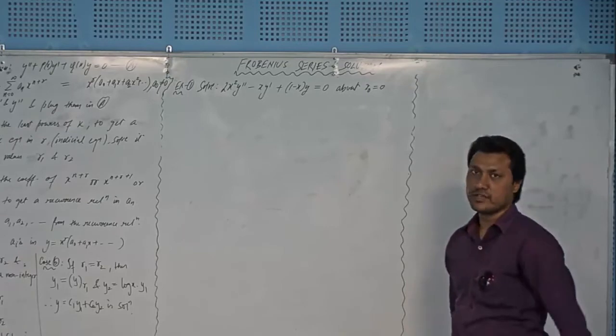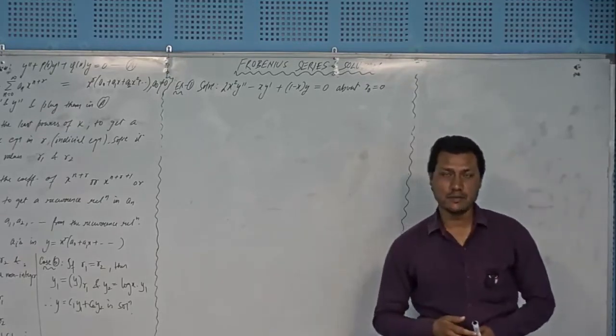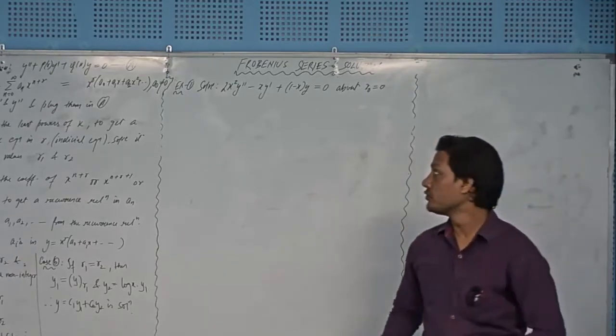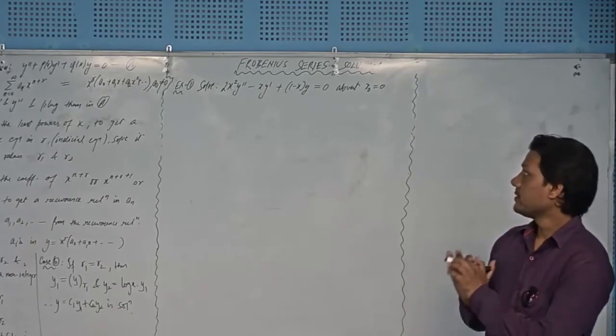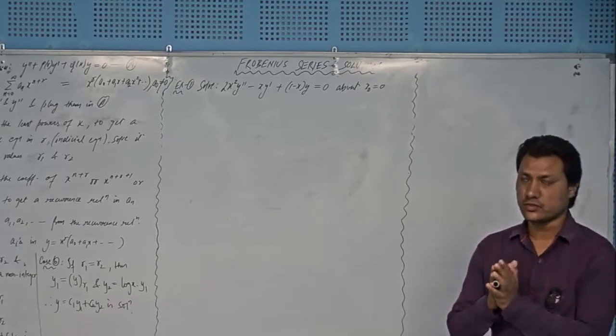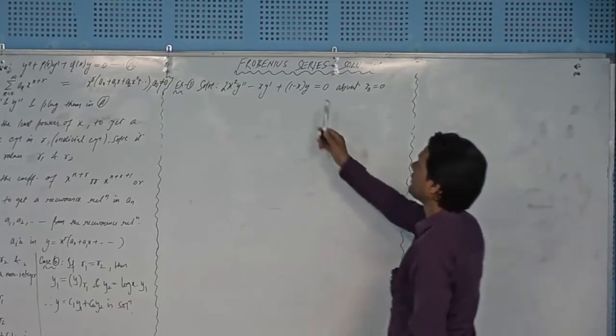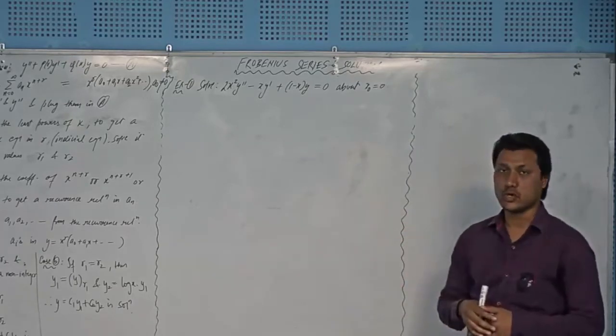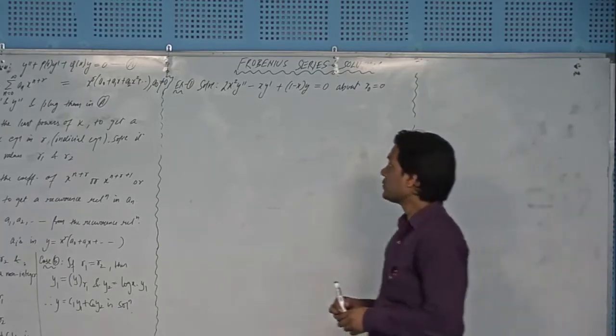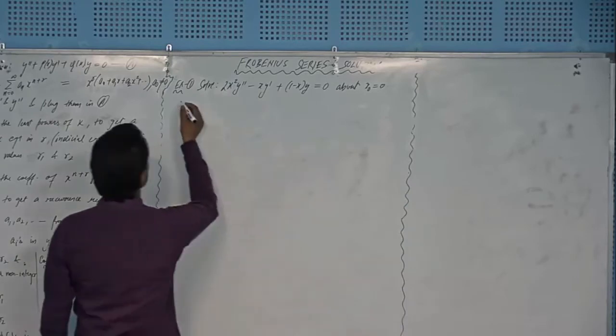So first I have to decide whether the power series solution is applicable here, or should we directly go to the Frobenius series solution, right? First thing is that I should check the behavior of p(x) and q(x), the coefficients of y dash and y, and whether they are analytic functions at x equal to 0 or non-analytic, right? So I will pick p(x) and q(x) first.